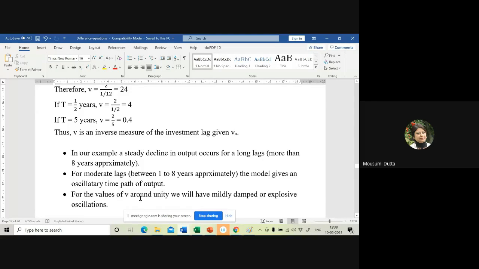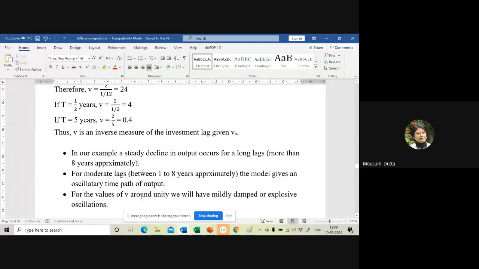For the values of V around unity, we will have mildly damped or explosive oscillations. So when the value of this time span changes, then the length of the oscillation, etc., will also change. So for moderate lags, we will get a type of oscillation.